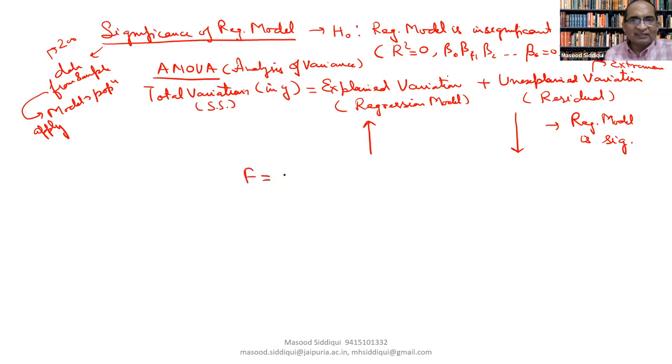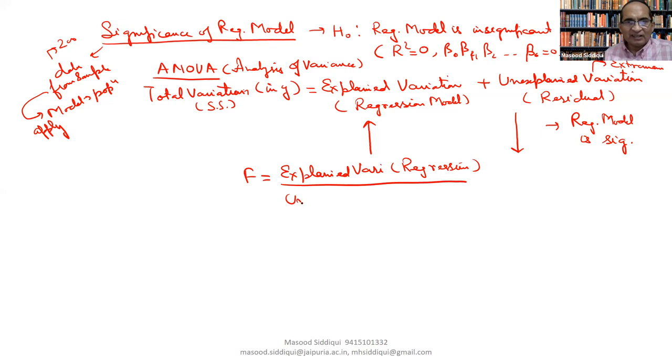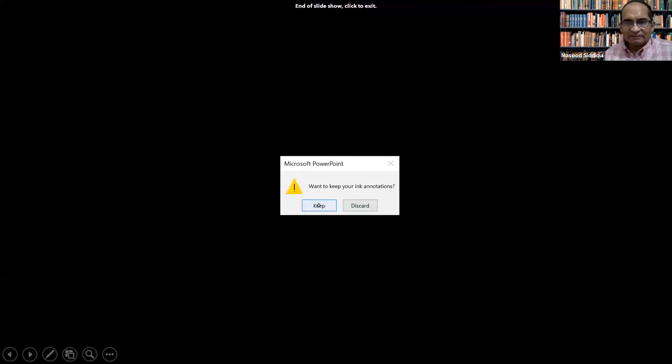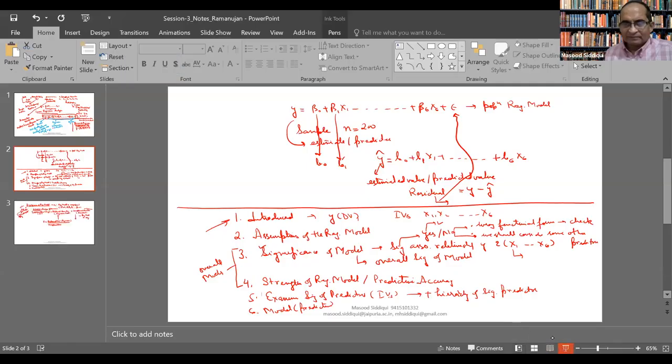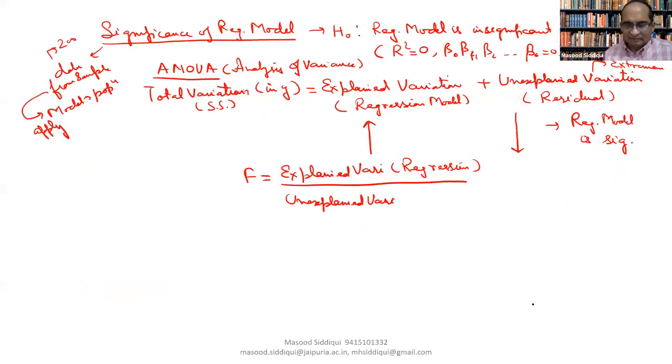Suppose we consider the variance ratio of explained variation, or variation because of regression, in the numerator and unexplained variation, that is residual, in the denominator.